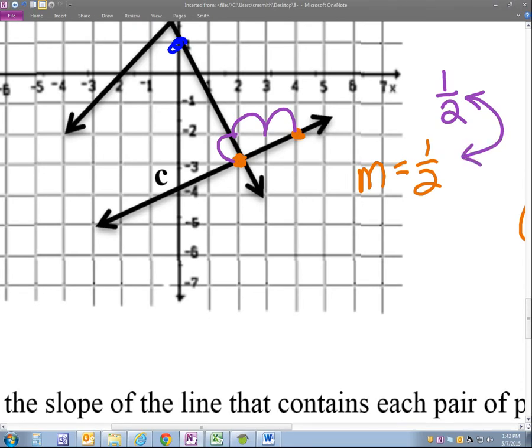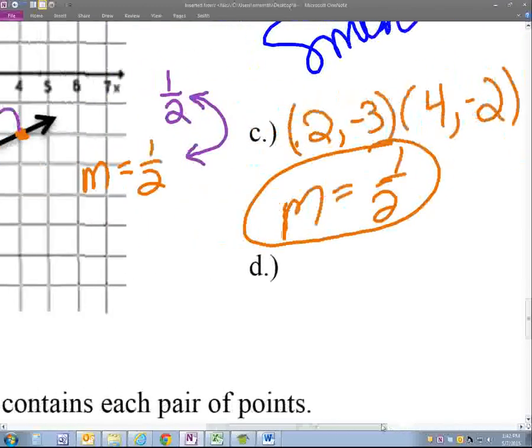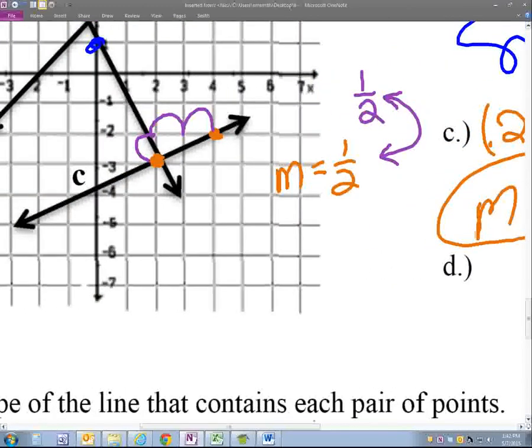But you always won't have a graph to look at. So the purple that I just did is the visual way of doing it. The orange here is the mathematical way of doing it. While some people like the purple version, you always won't be able to see the graph. Yes, you can create a graph of it if you like that way better, especially for those of you who are not so great at integers.